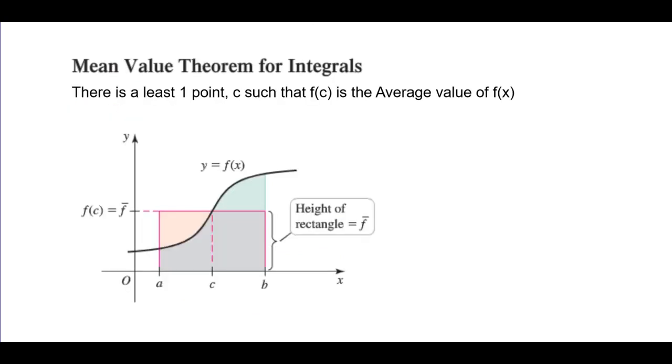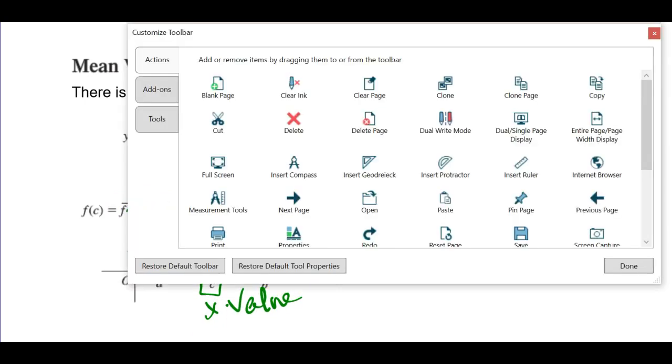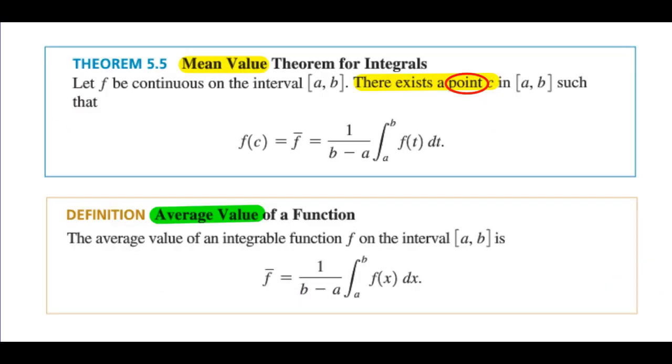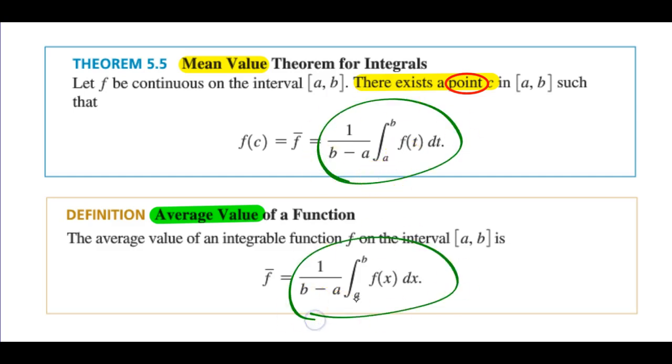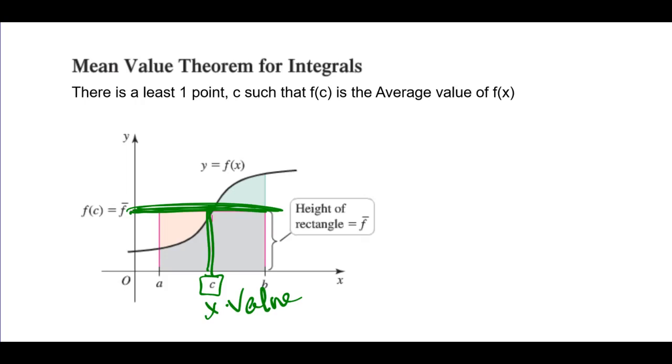The mean value theorem says there's some point at which there's an average. So you're finding the x value. And that's the only difference between the mean value theorem and the average value theorem. The mean just says there's some x value. Sorry about that. So look, the formulas are the same. But the mean value theorem is finding some point.